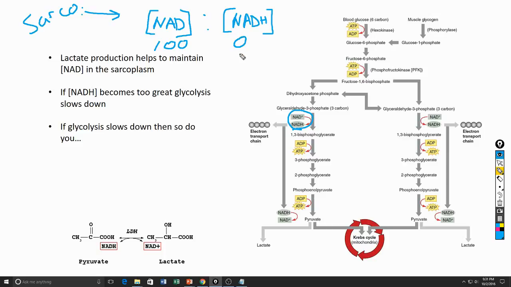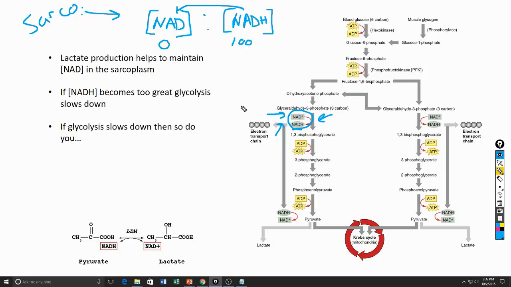Now, as we start doing glycolysis, maybe we slash this down to 80, and as this reaction right here progresses, now we have, say, 20. And we're still able to keep doing this because we still have NADs available, right? But eventually, what can happen, theoretically, is if we couldn't turn these NADHs back into NAD, we might run out of NAD and have a bunch of NADH.